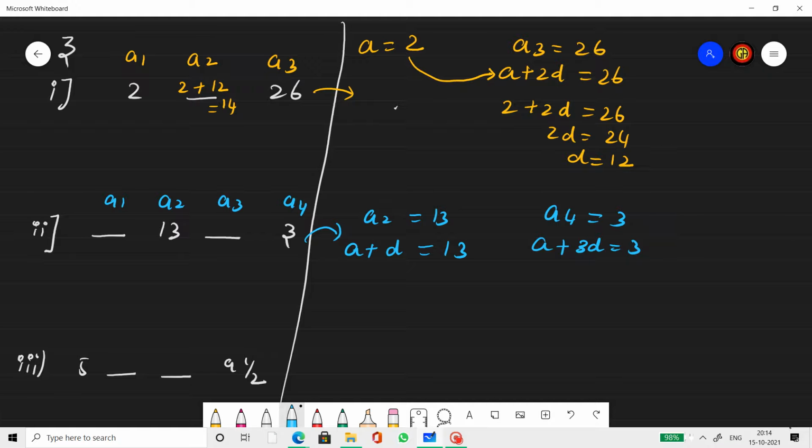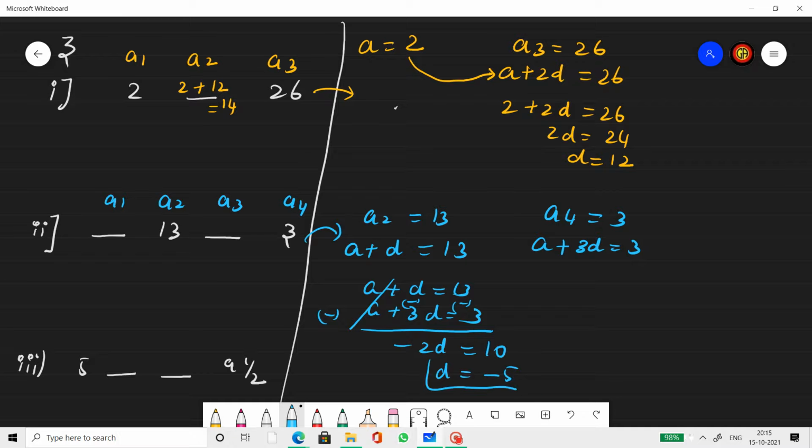Now I'm going to do elimination and find the values of A and D here. A plus D equals 13, A plus 3D equals 3. Eliminating A by simply subtracting the two equations, A gets cancelled. Minus 2D equals 10, so D will be minus 5. When D is minus 5, I can directly find A1.